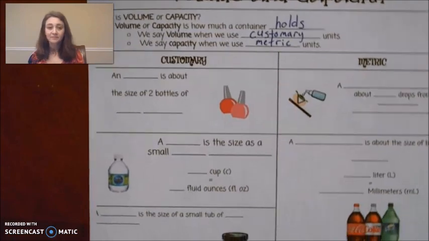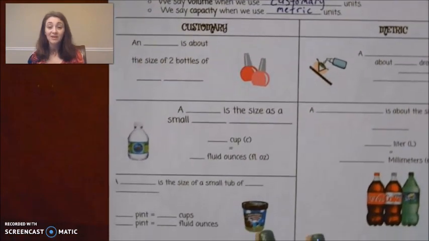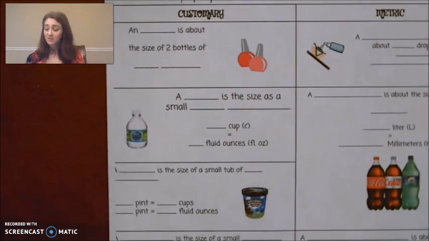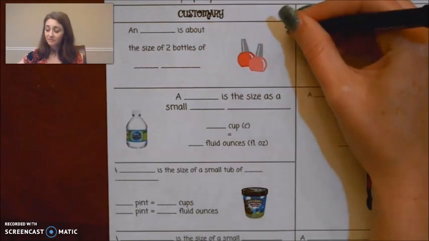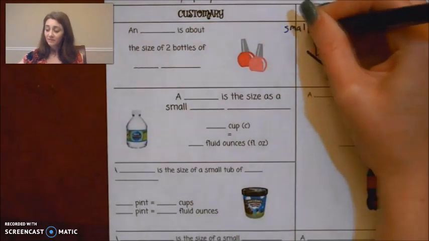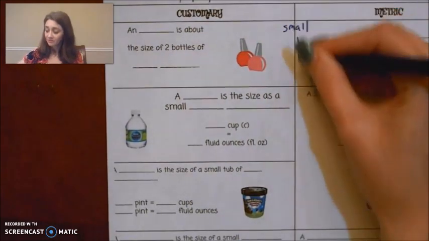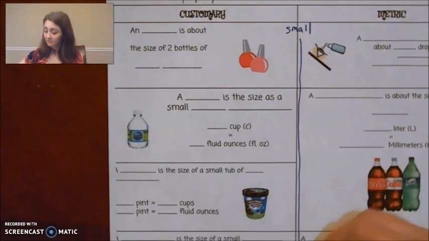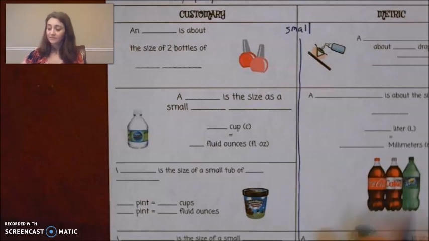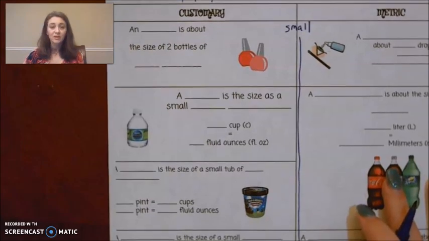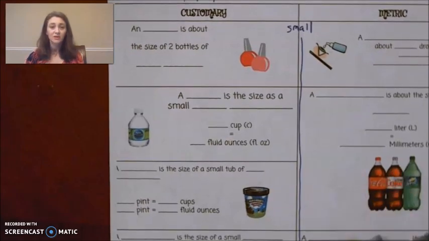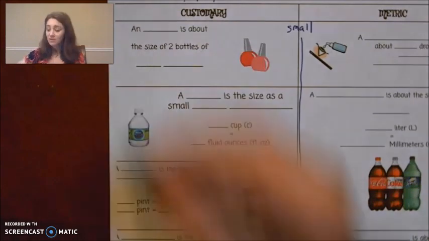Okay, we're going to start with customary. Again, we're starting with our small units and going down to our big units. The first unit we're going to use in customary volume measurement is an ounce.